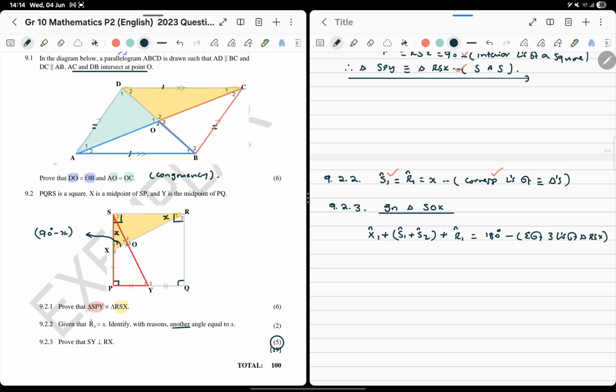So you see, we're using another triangle to get into another triangle. Now this implies that angle x1 plus this is 90 degrees plus x is equal to 180 degrees. Therefore, angle x1 is going to be equal to 90 degrees minus x.